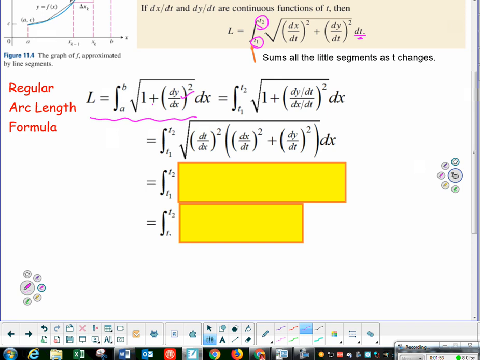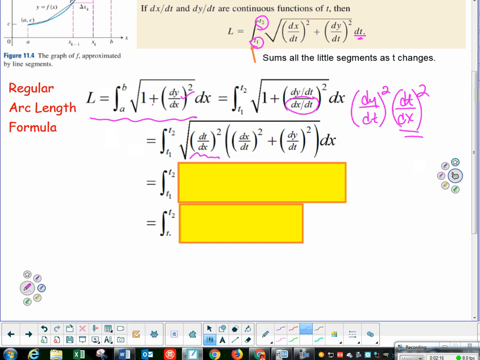If I took dy dt squared and multiplied by the reciprocal of this, flip it over, that would be equivalent. And let's say I wanted to factor that out. Let's just say, I think I should factor out dt dx quantity squared.